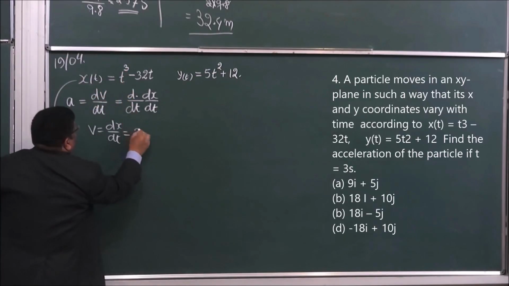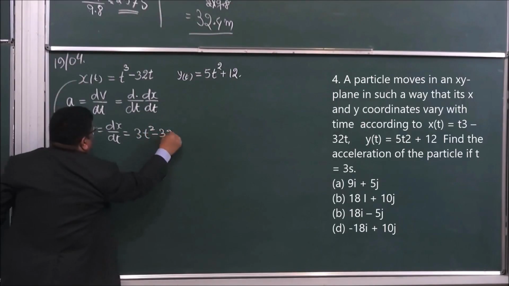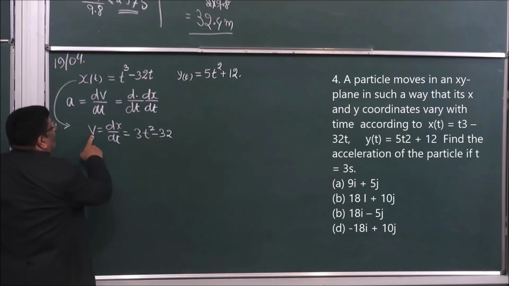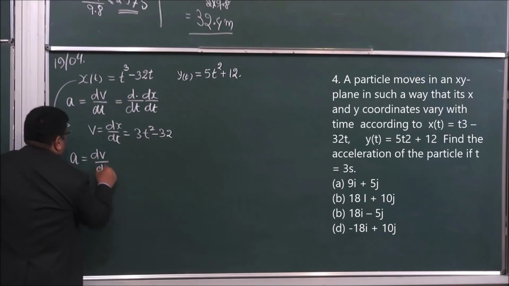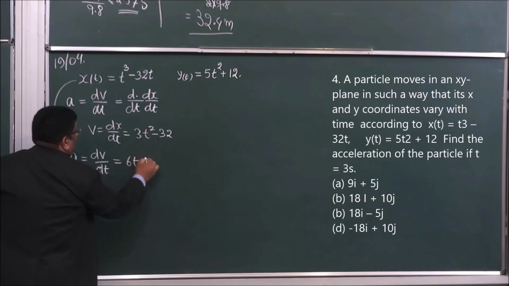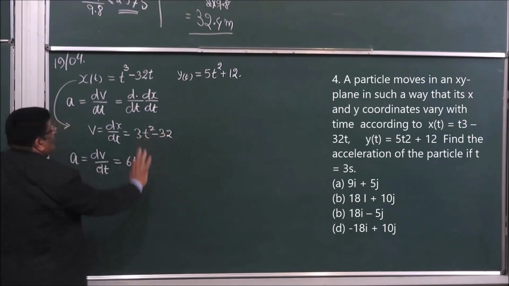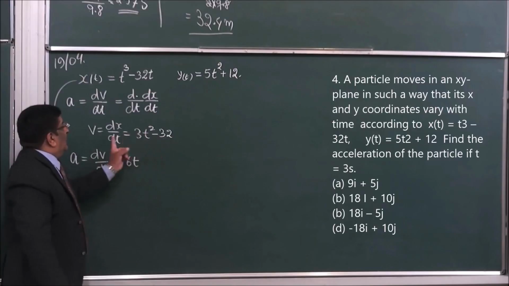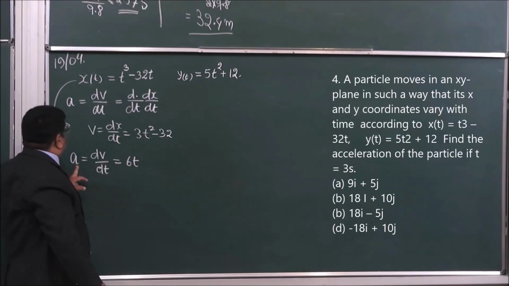Differentiate 3t square minus 3t plus 12. क्या मिल गया हमको? वेलोसिटी. अब इससे एक्सेलरेशन बनाना है. एक्सेलरेशन इज इक्वल टू dv by dt, और dv by dt इसको डिफरेंशिएट किया 6t to the power 1 माइनस नथिंग, कांस्टेंट का डिफरेंशिएशन 0. सो एक्सेलरेशन इज इक्वल टू 6t.